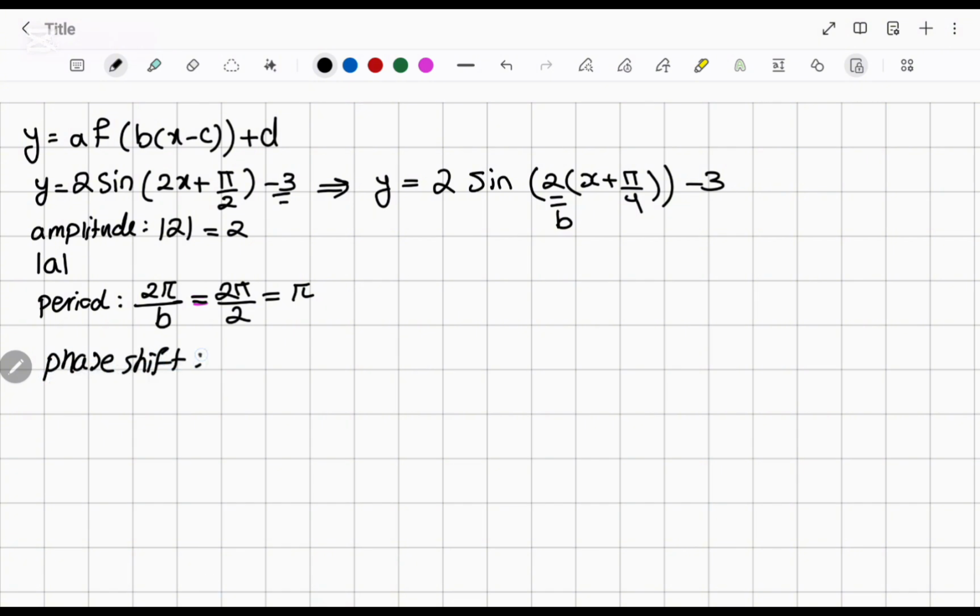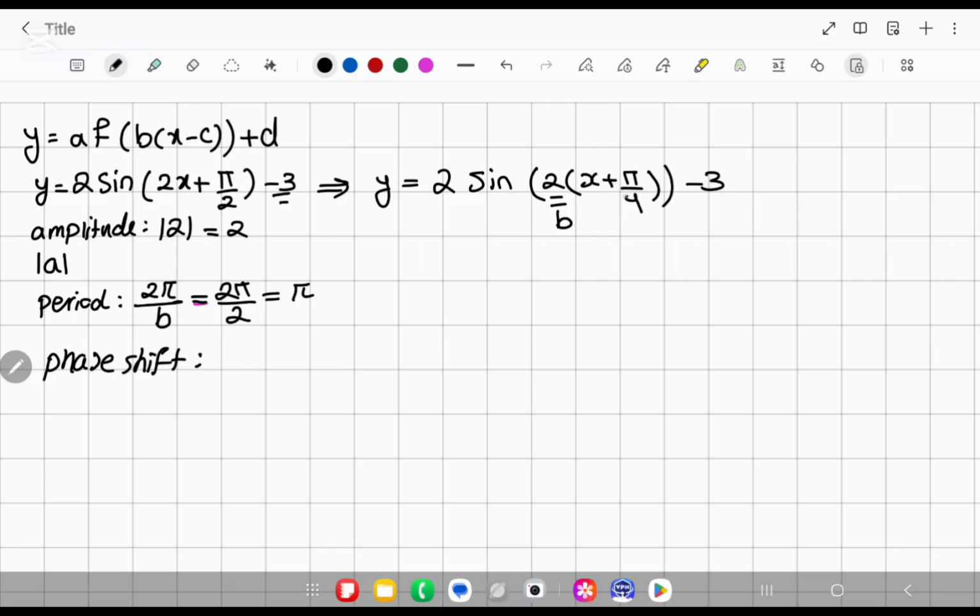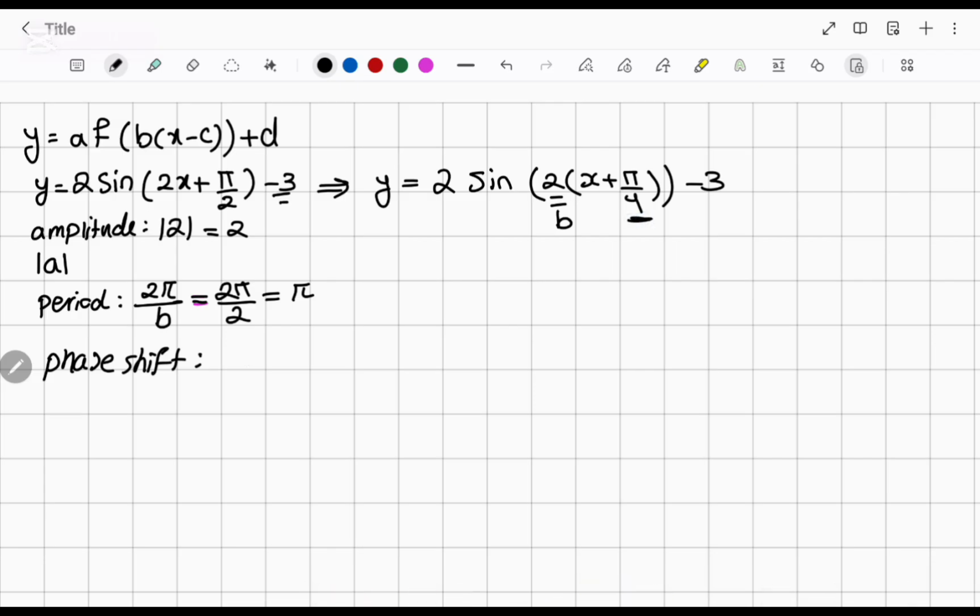After the period, the phase shift, if the question asks you to write that, is going to be pi over 4. So the phase shift is pi over 4, meaning the graph is going to get shifted pi over 4 units to the left. This translation and transformation information is going to be completely explained in the next video as well.